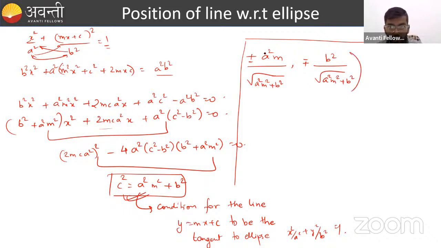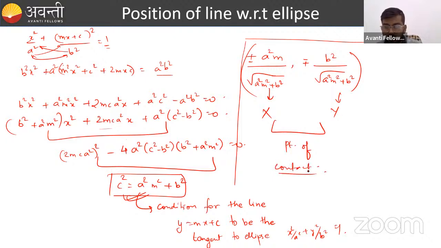This is the x coordinate and this is the y coordinate of the point of contact. I hope you guys understood. So this is something to remember: the condition of tangency and the point of contact.